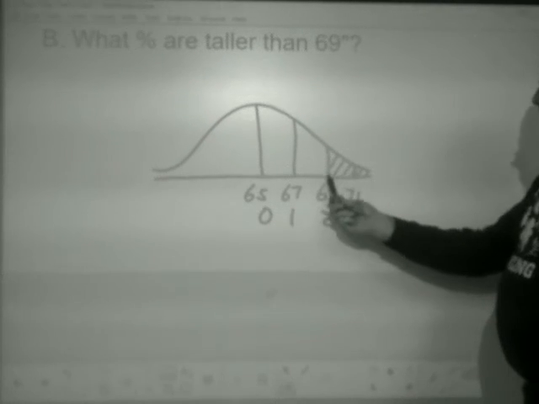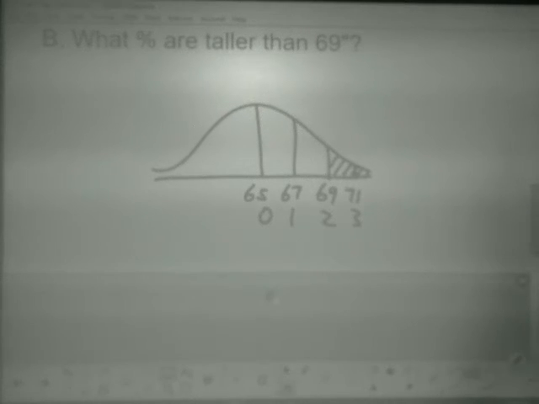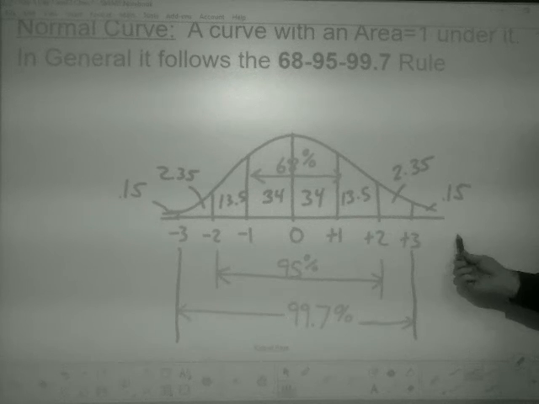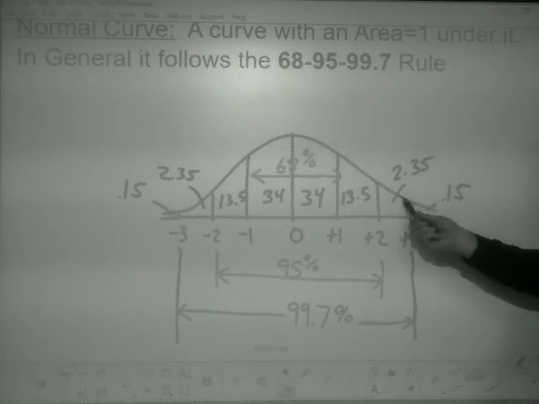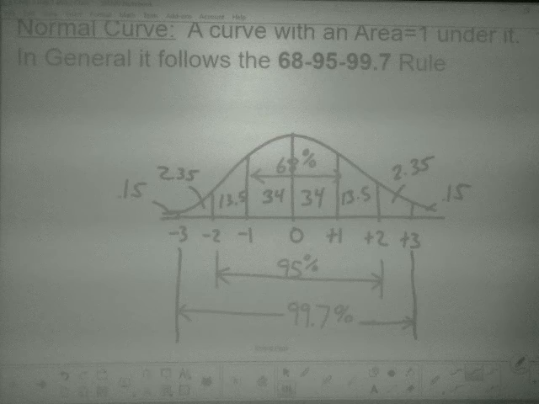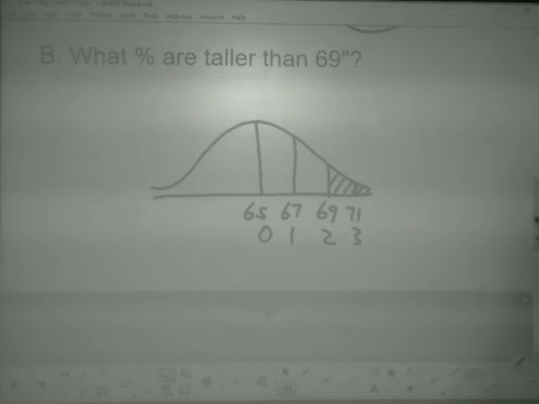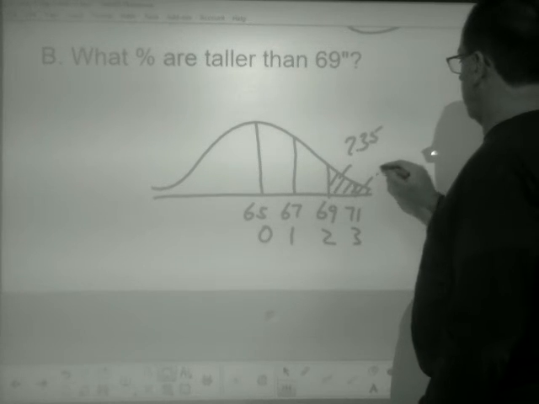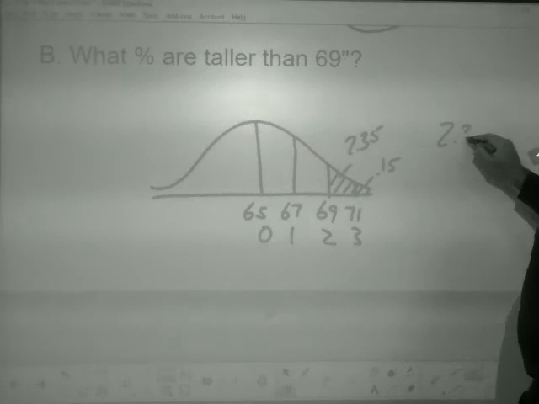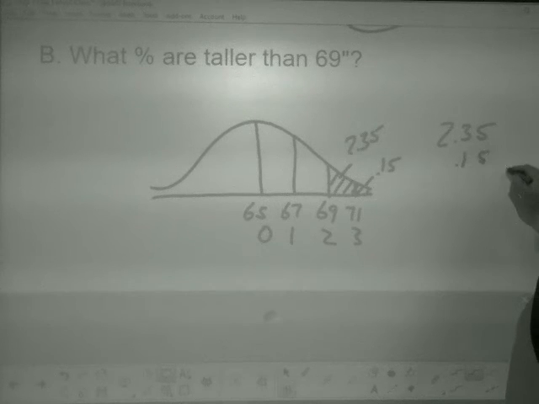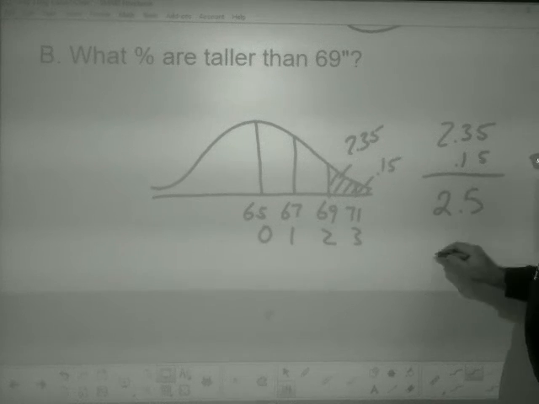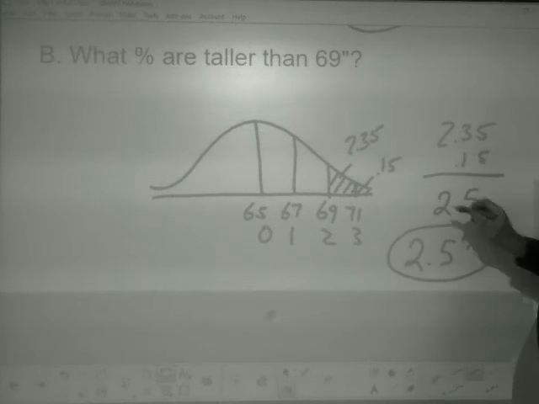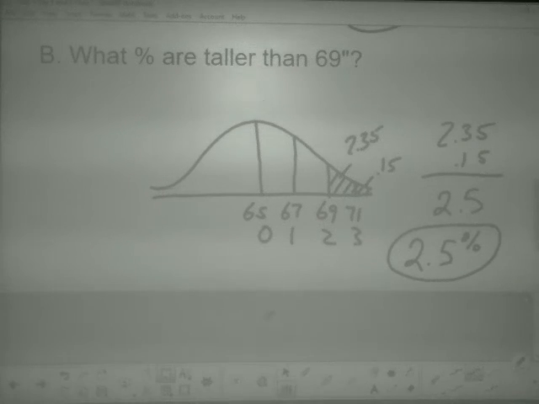So 2 and higher. I go back to my picture. 2 and higher is the sum of 2.35 and 0.15, which is 2.5. So 2.5% are taller than 69 inches.